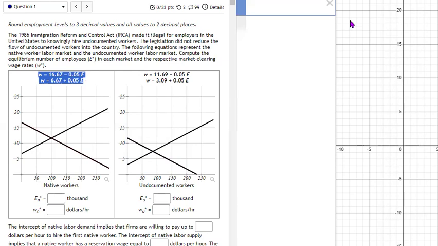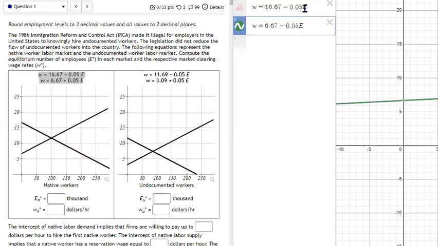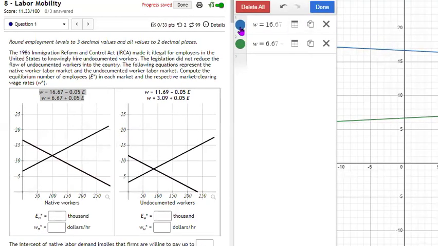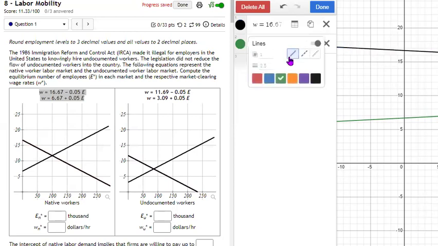So we're going to do the hypothetical native worker labor demand first. So there's the labor demand curve and the labor supply curve. We're going to make them both black lines.